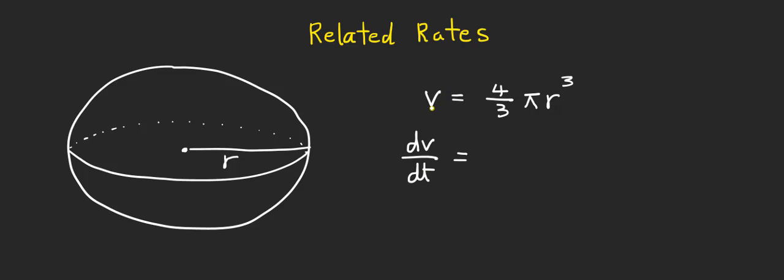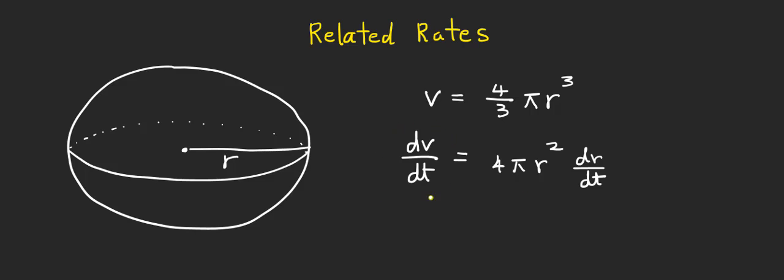So the derivative of V will be dV over dt, and the derivative of that will be 4 pi r squared, and you need to take the derivative of r, so it's going to be dr over dt. Remember, in related rate problems, we're taking the derivative of variables with respect to time. So it is very similar to implicit differentiation. It's just that now we're taking the derivative with respect to time.